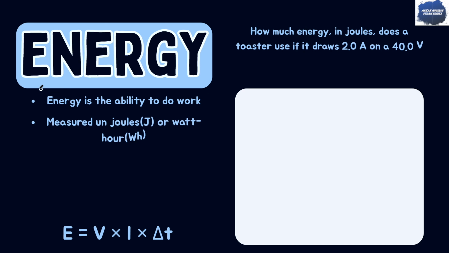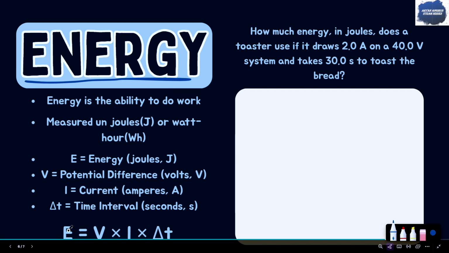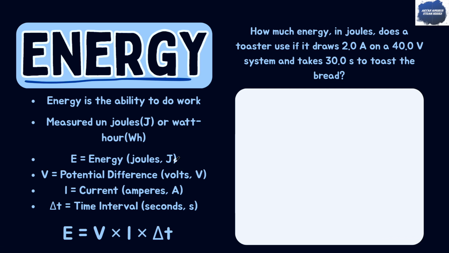Now I'll be talking about energy. Energy is the ability to do work. It's measured in joules or watt hours. Joules is technically watt seconds, and watt hours is, well, watt hours. There's no such thing as watt minutes. In this formula, E represents energy, which is in joules, which is watt seconds, or watt hours.